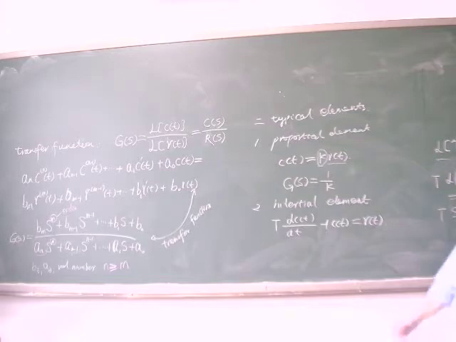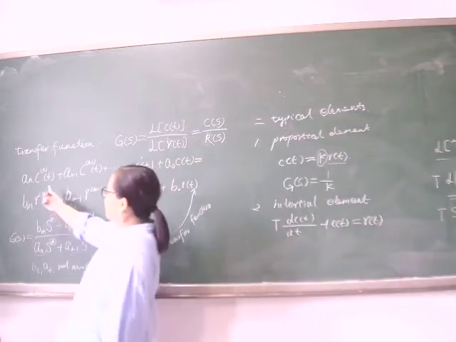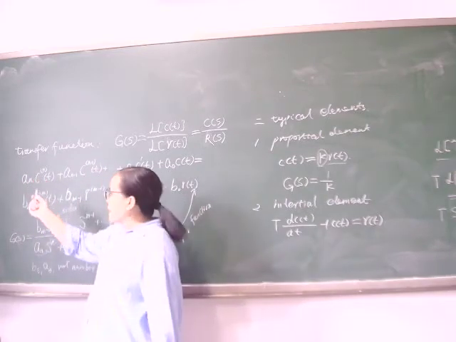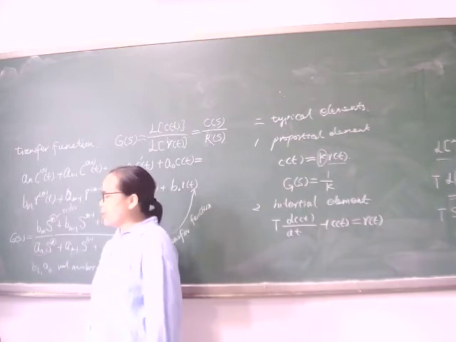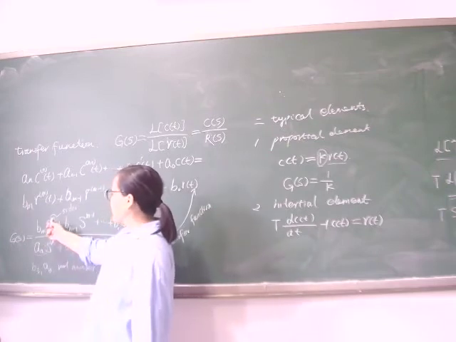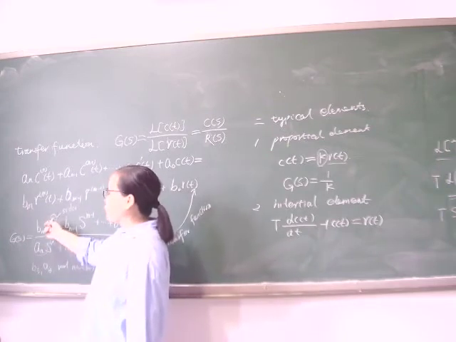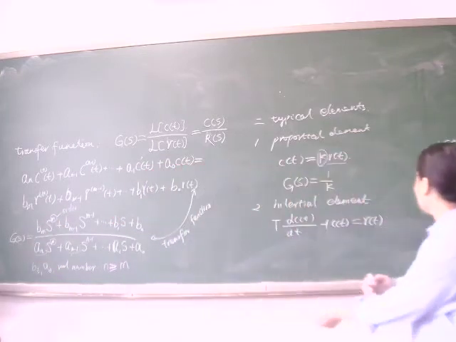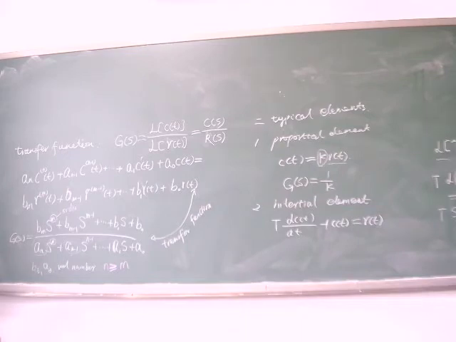We can see here the order of derivation of this differential equation: we can say the order m, the power of s is also m. Okay, so this is T s C(s) plus also C(s) equal to R(s).